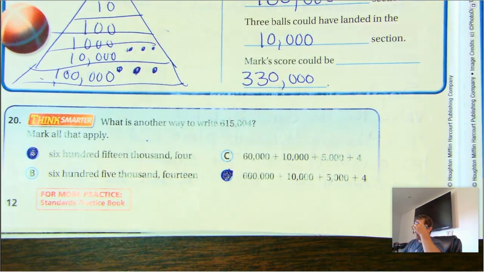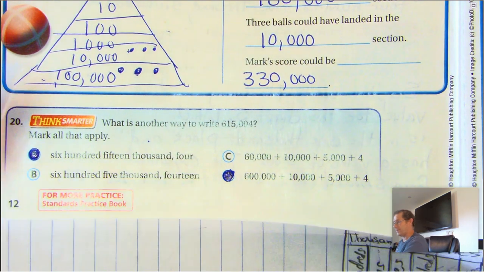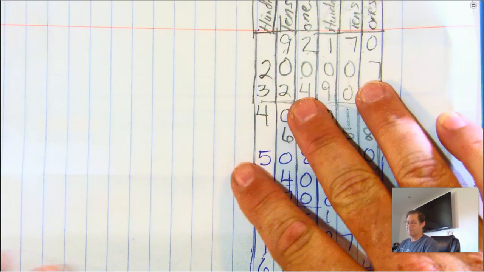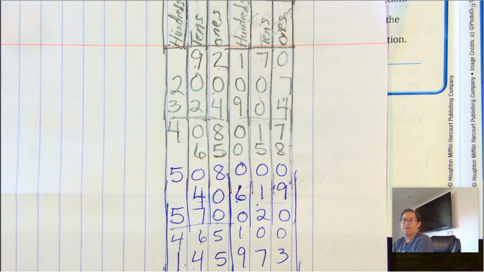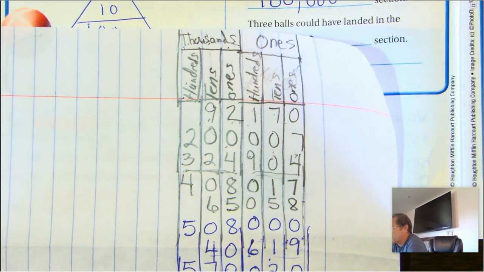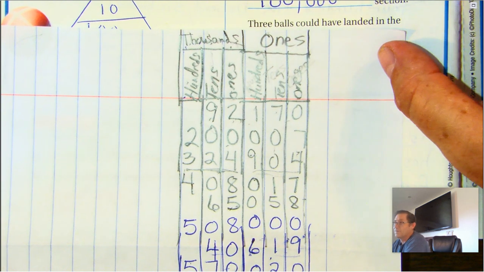So that's basically the lesson for today. Refresh your memory of what we've been doing today. We've been working on writing numbers 3 different ways, using standard form, the normal way you would see a number.